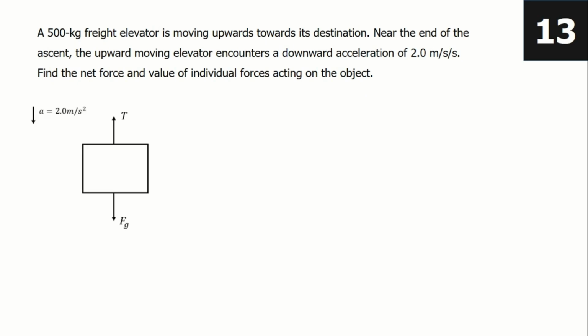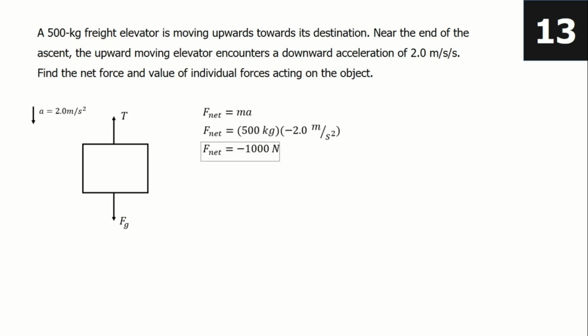So this is my free body diagram. We have a tension lifting the elevator up, and of course it has a mass, so it has a weight as well, or it is experiencing the gravitational pull of the Earth, as all objects with mass are experiencing, including us.